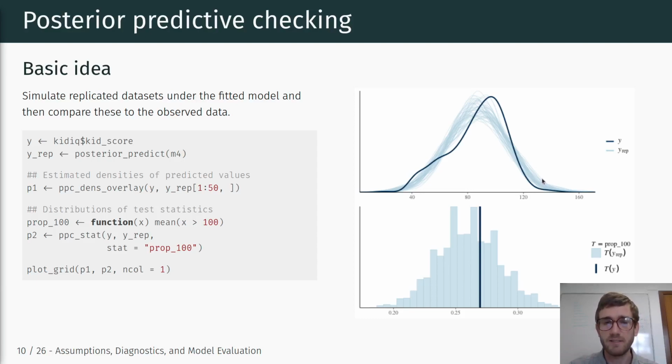And so based on our fitted model, we can plot a simulated distribution of outcome measures for each of those models, okay? And what we see here is basically 50 different densities that are based on our fitted model, and those are the posterior predictions based on the model and the data that we actually observe, okay?